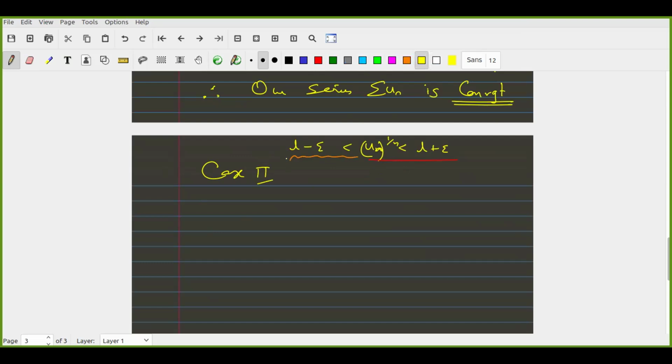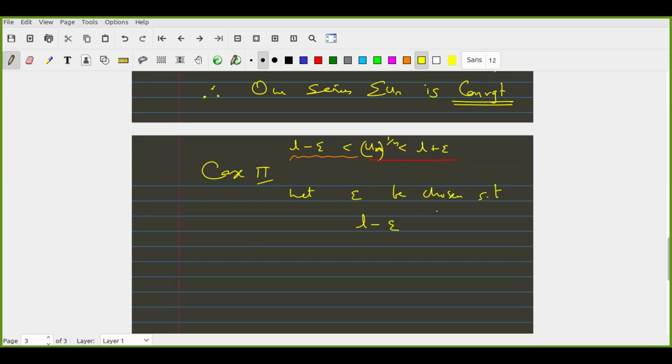So what we will do, let epsilon be chosen such that L minus epsilon is less than un power 1 by n, meaning un power 1 by n is greater than L minus epsilon.